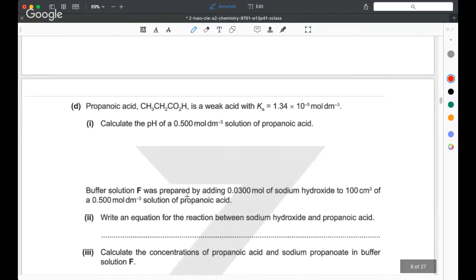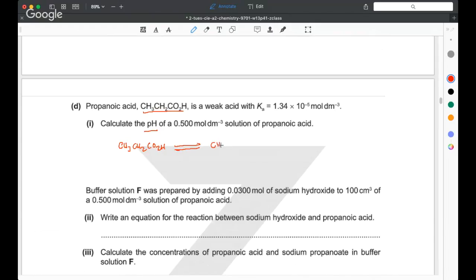Okay, so that was a lead-in really to talking about weak acids. And you've now got to take this weak acid here, propanoic acid, and you've got to calculate its pH. So what's happening here is you've got your weak acid, which has been dissolved in water, and just a small amount of it dissociates.